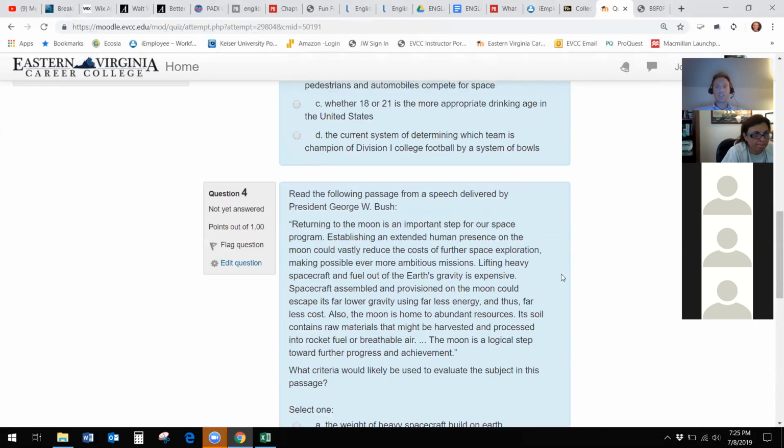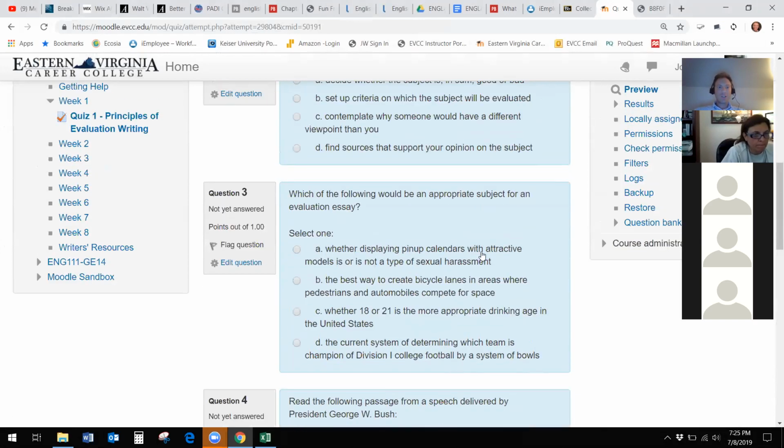And so let's just sum up a little bit, right? If you are at your job and somebody says, here is what our division is going to do, here is what our floor is going to do, here's what our nursing staff is going to do, you need to see if it's a good idea. You're basically evaluating whether that's a good policy. How do we know if it's a good policy?